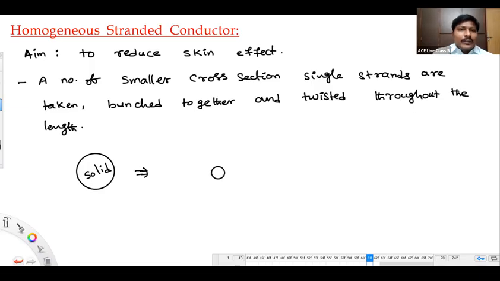This is one strand, next strand here, second strand, third strand. Like this, a number of strands are kept one on another.